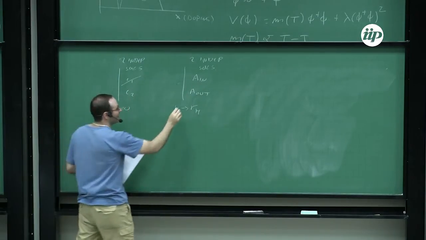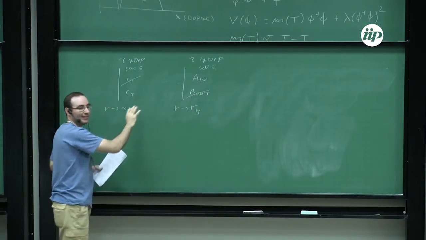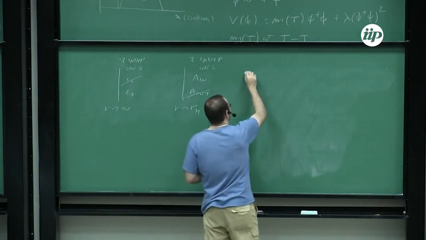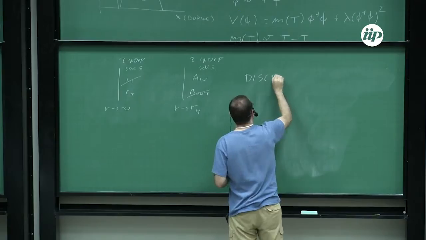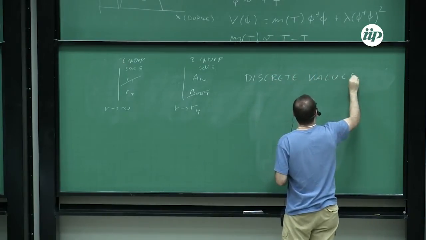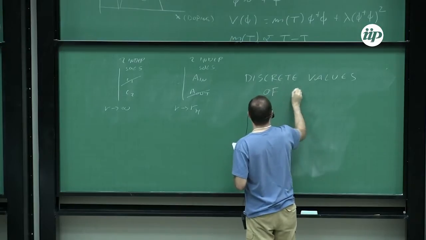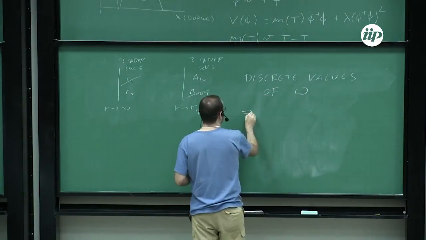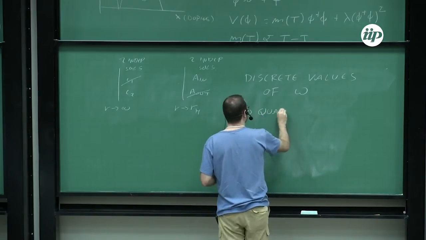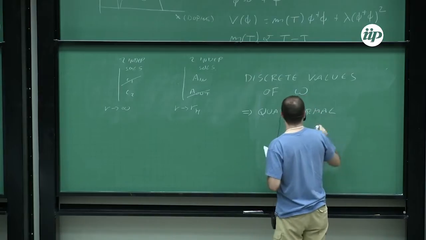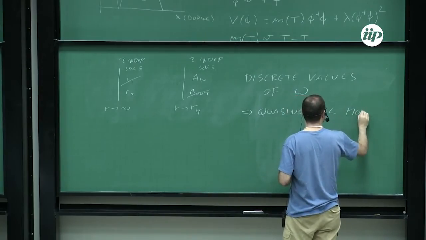But if now you kill this other one, in general there is no solution. There is only a solution for some discrete values of the frequency. And this gives you what is called the quasi-normal modes.